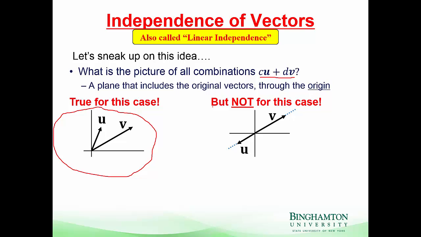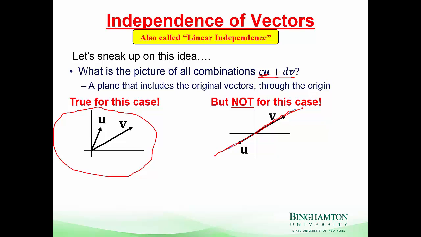So in that case, we cannot create vectors in a plane, right? So if we take c times u, all we're going to be doing is either stretching this down this way, or flipping it around and stretching it along this way, or scrunching it. And so when we add that to v, we're going to end up back on this line.